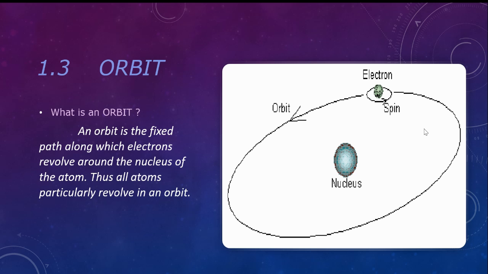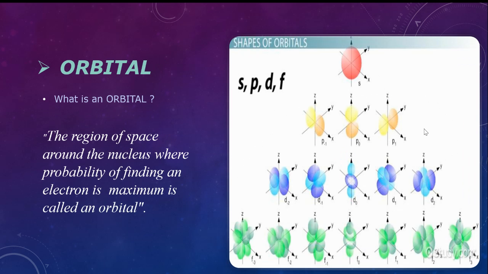Now we'll see what an orbital is. In the orbit there will be subshells. The region of space around the nucleus where the probability of finding an electron is maximum is known as the orbital. Here we are using the word probability, that is, we cannot say exactly where the electron is located in the orbital.